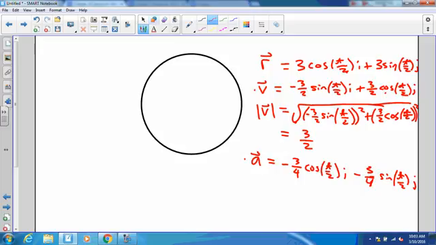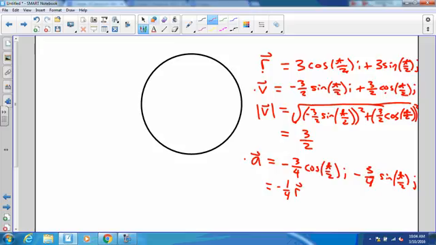Yeah. Can you write the acceleration in terms of the position vector? Negative 1/4 r. Yes. Very, very interesting.